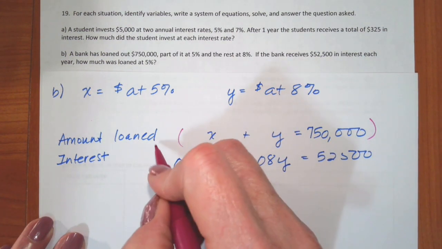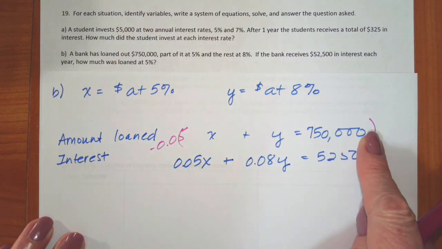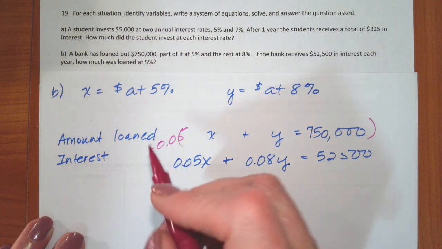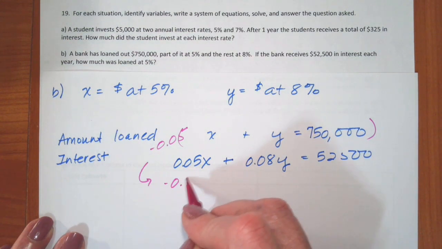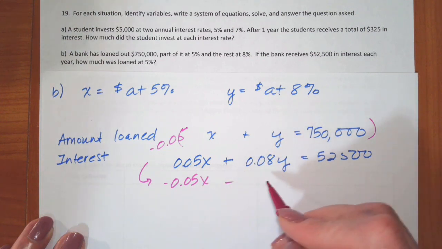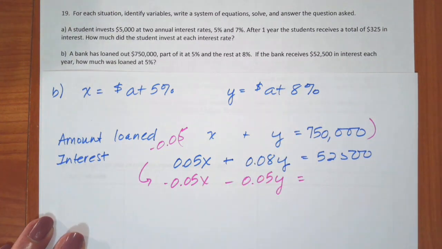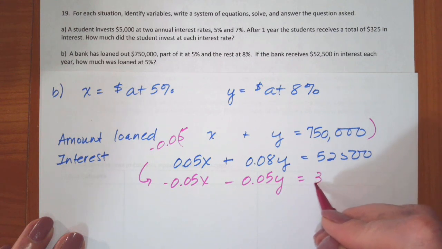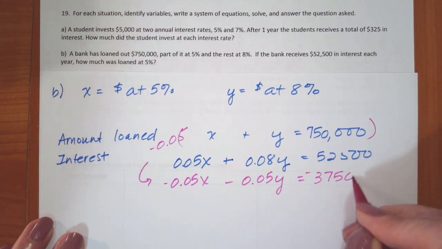I'm going to multiply this by negative 0.05. Again, you could solve for the x or the y, substitute it in, that's fine. So when I do that, I get negative 0.05x minus 0.05y is equal to 37,500.